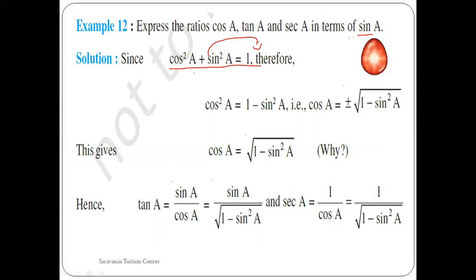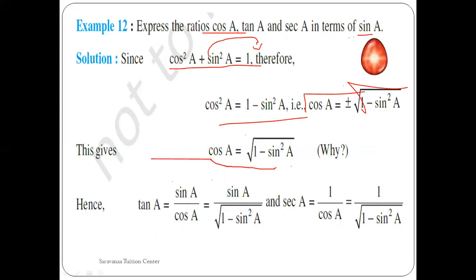You get cos square A equals 1 minus sin square A. You need cos A only, so take roots on both sides. The cos square A becomes cos A, and 1 minus sin square A becomes plus or minus root of 1 minus sin square A. As this ratio is never negative here, it is plus root of 1 minus sin square A.